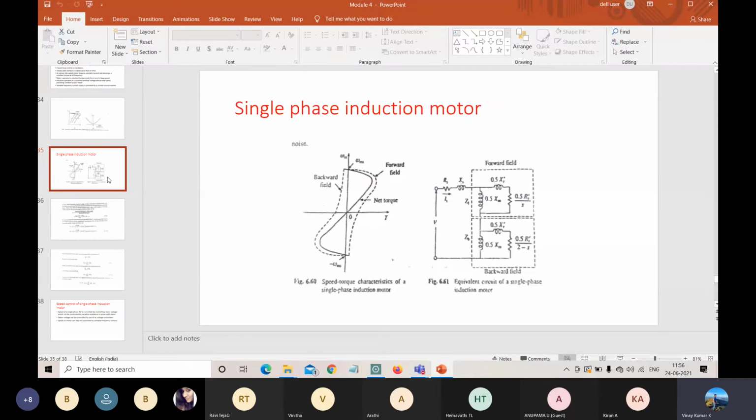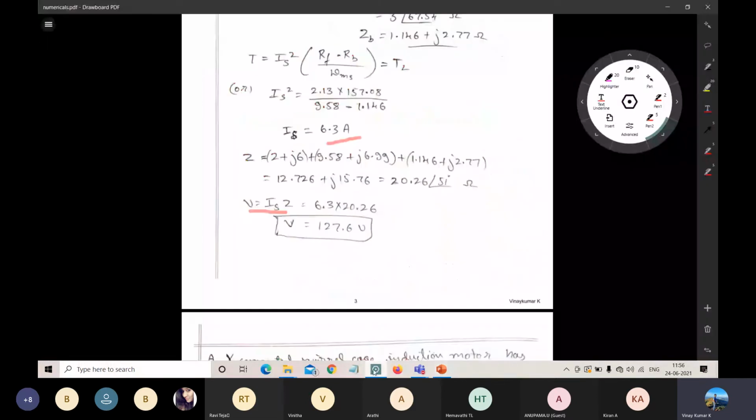So just consider that this is as our Z. So V is equals to IS into Z. So we need to calculate this Z. So this Z includes ZS, ZF, ZB. So what is ZS?